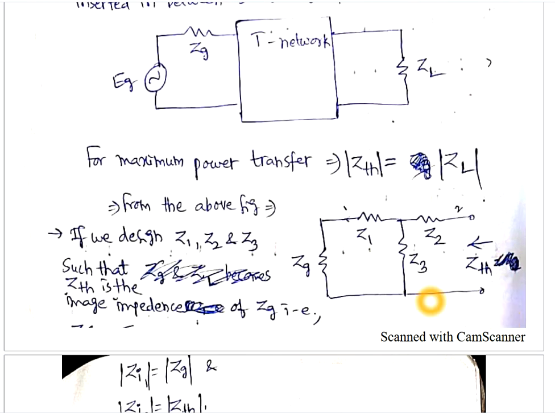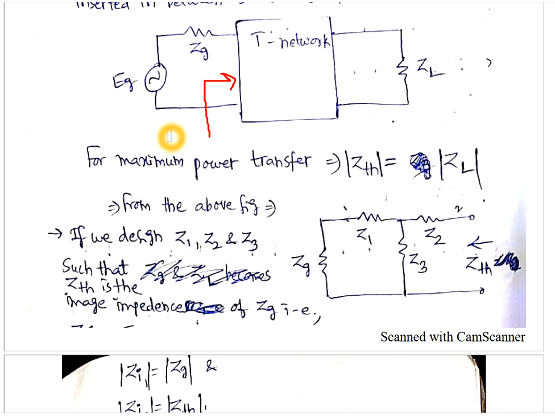So that means here we need to design Z1, Z2, Z3 such that ZTH is equal to ZL. That means when we have source impedance here which is terminated, the impedance seen from the second port should be ZTH, which is nothing but ZL. What is the other case in the original network? In the original network, ZL is the terminated impedance, and the impedance seen from the other port towards the T network should be ZG.